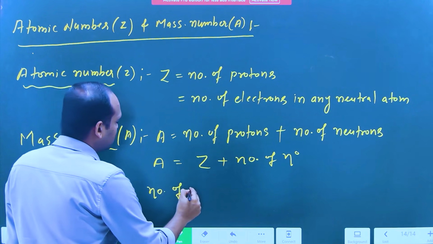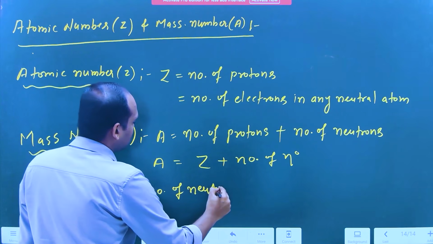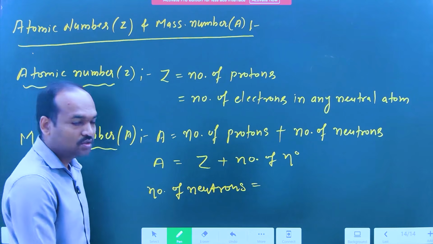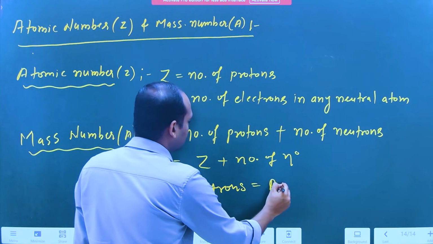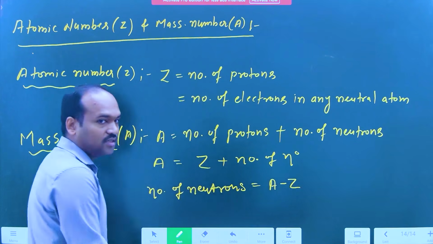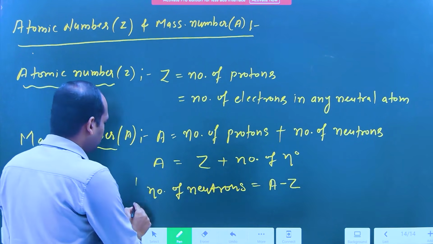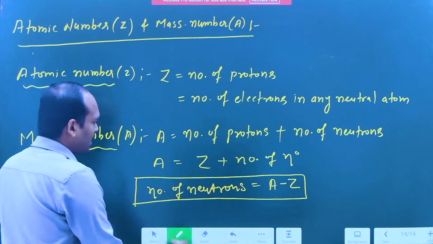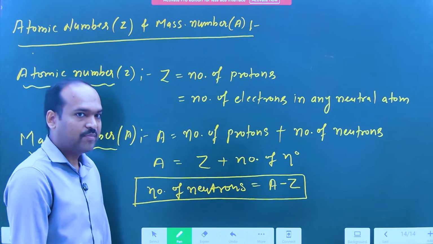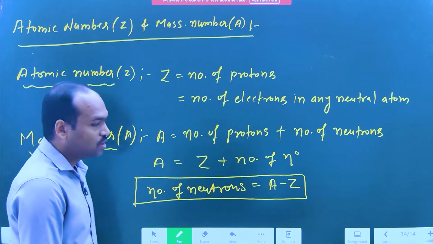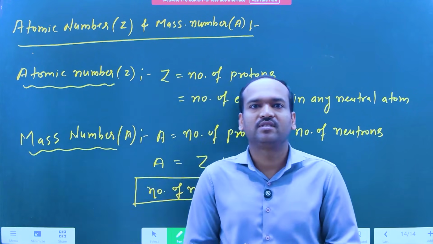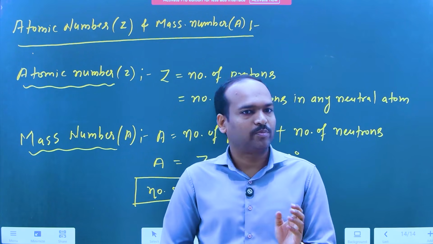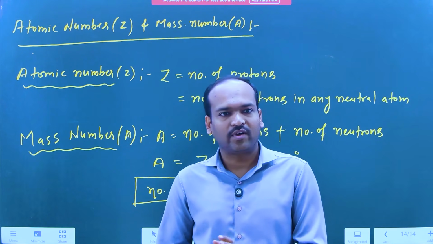The number of neutrons is equal to A minus Z. This will become our formula to calculate the number of neutrons. So what we learned, listen carefully, is that the atomic number is the number of protons, or the number of electrons in a neutral atom.